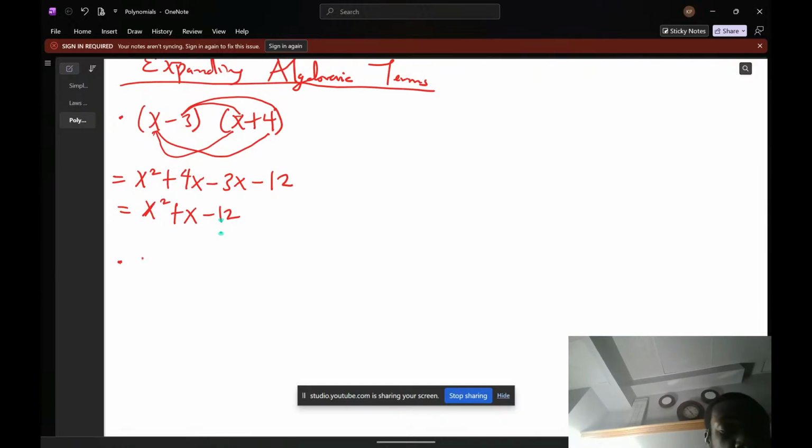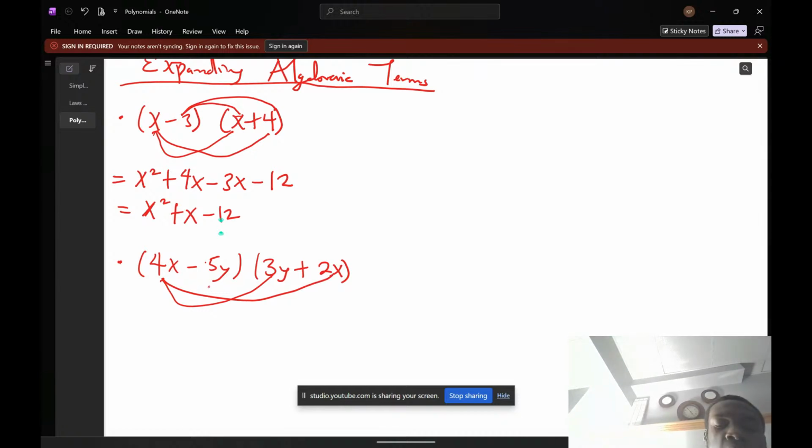So let's try out another one. We have 4x minus 5y into 3y plus 2x. Okay. So now we just multiply this one with this. Use this one to open this bracket and multiply with that. Use this to multiply this.